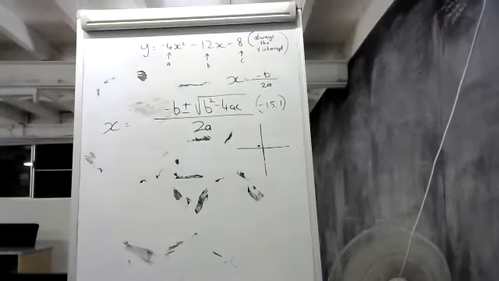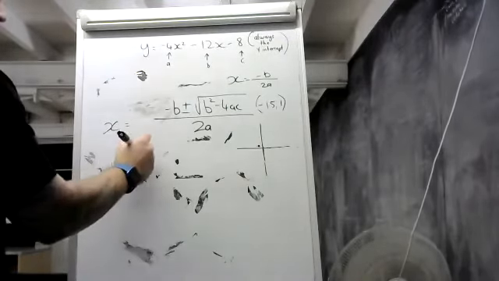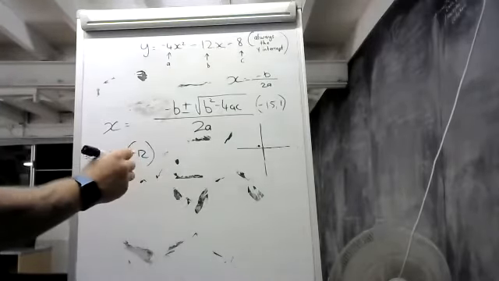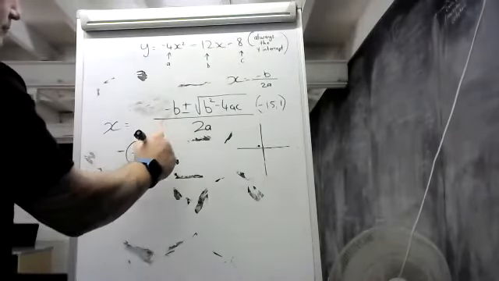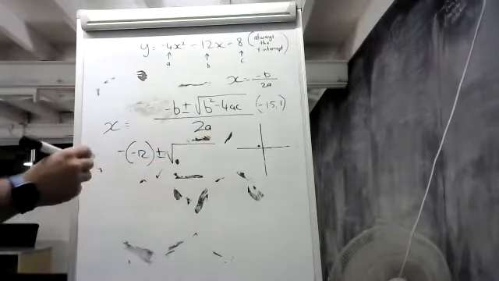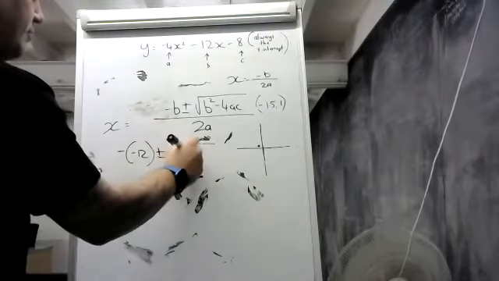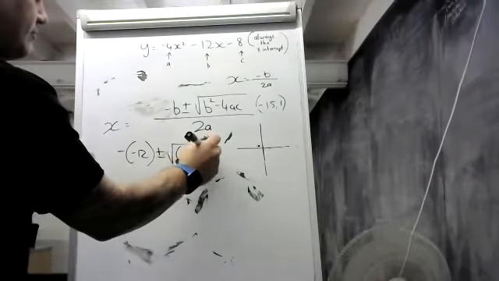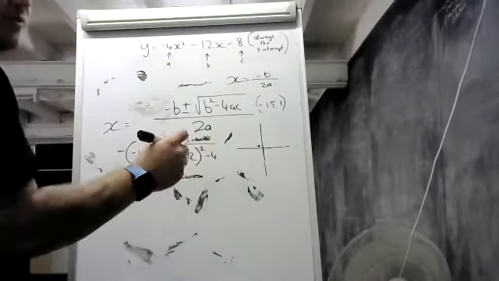So if we sub the numbers in, we've got minus 12. So minus 12 squared minus 4.